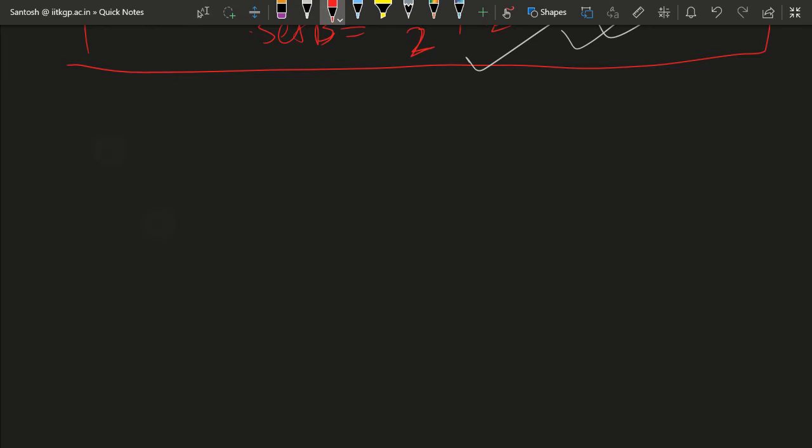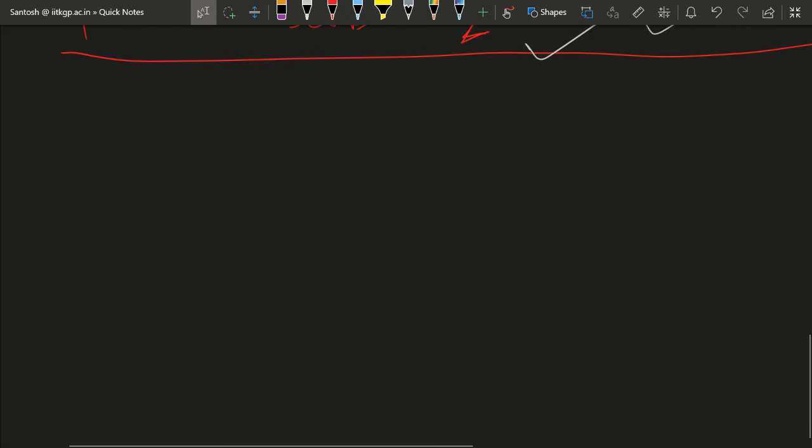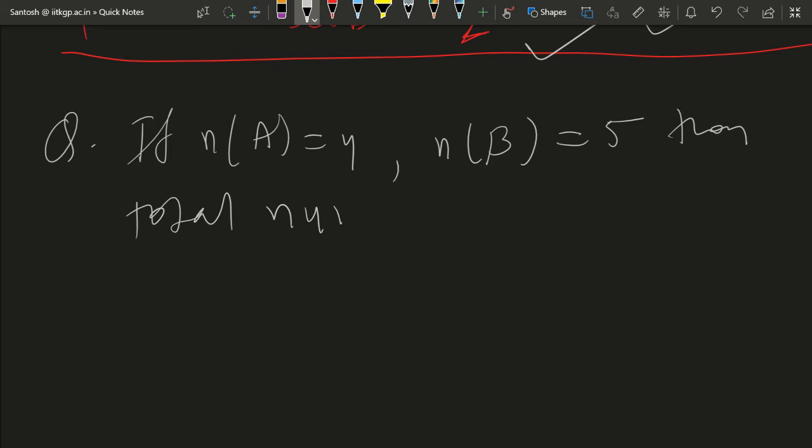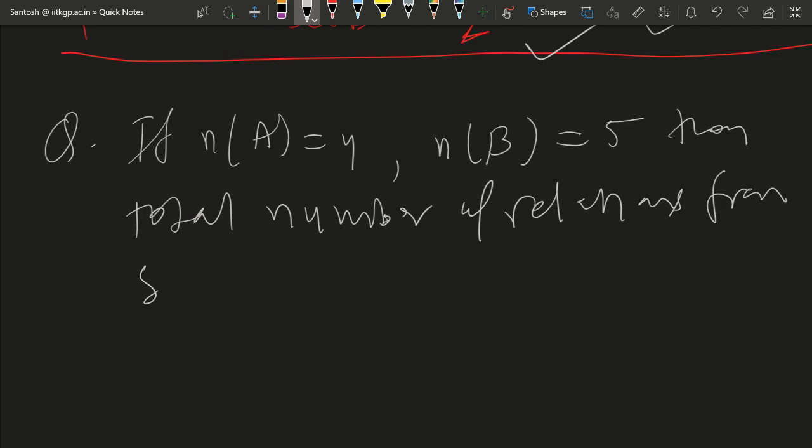So now I will ask you the question. Since your exams are in MCQ mode, the question may be like that: if the number of elements in set A is 4, the number of elements in set B is 5, then the total number of relations from set A to set B is?